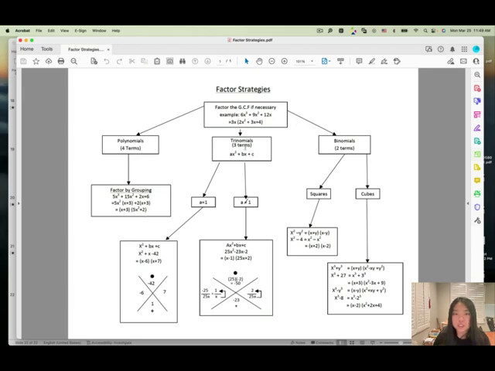If you have 3 terms, that's a trinomial. So the format will be ax squared plus bx plus c. If a is equal to positive 1, that will be like this, using the x method. Okay, this is pretty straightforward. If a is not equal to 1, then you'll be using this example, a times c for here. B will be here. Okay, this is how you take care of trinomials.